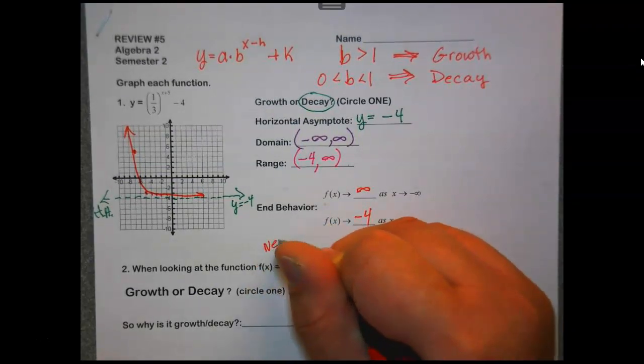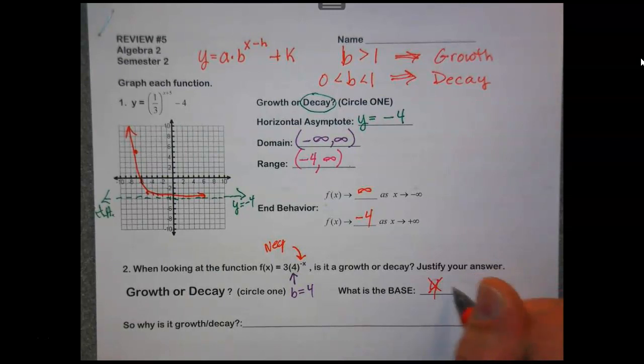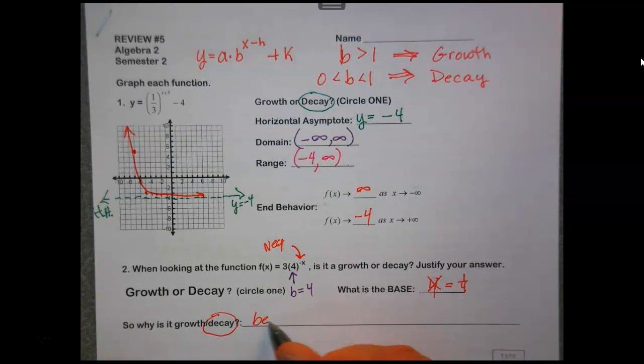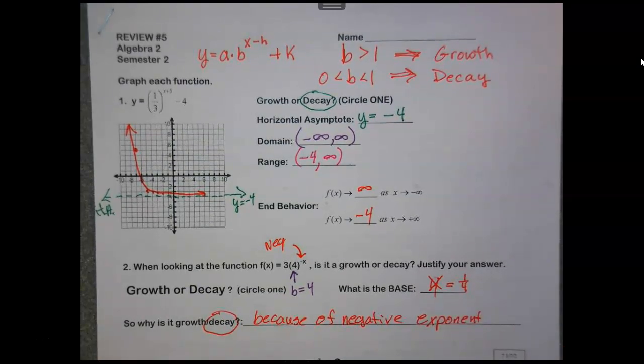That negative exponent is going to make the base not 4, but 1/4. So this is actually a decay problem because of that negative exponent. So be careful. Take your time on the quiz.